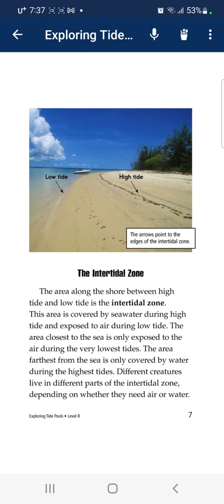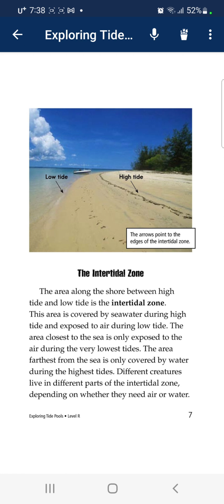The intertidal zone. The area along the shore between high tide and low tide is the intertidal zone. This area is covered by seawater during high tide and exposed to air during low tide.